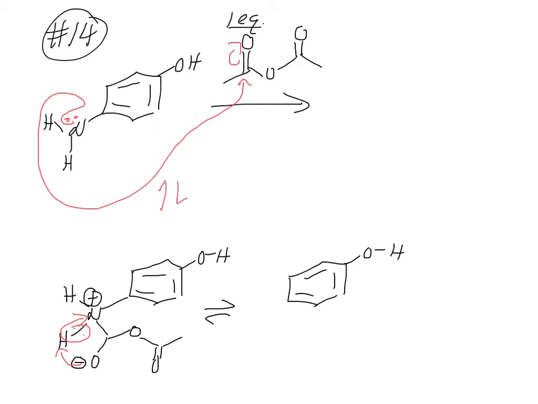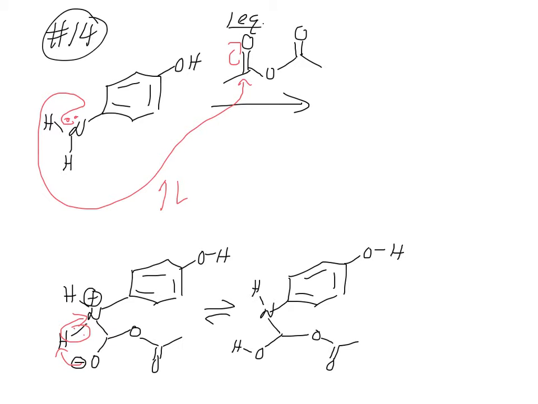OH is just kind of hanging out. New nitrogen-carbon bond. OH. So now we have a tetrahedral intermediate with a balanced charge. All right, so we had a tetrahedral intermediate here. We just had to move a proton transfer around.